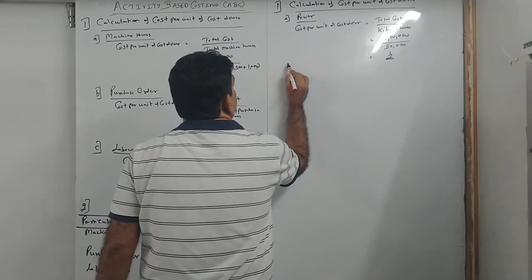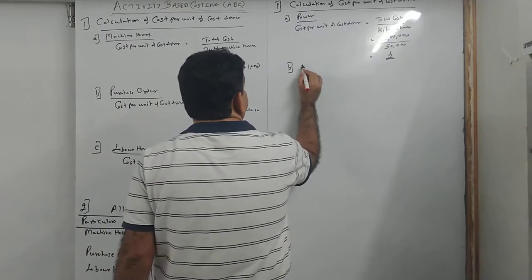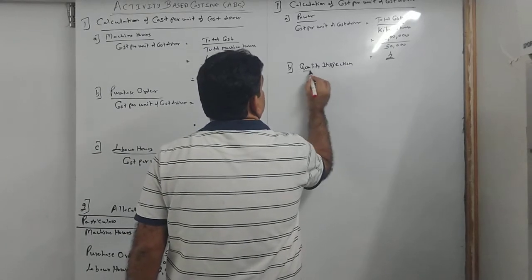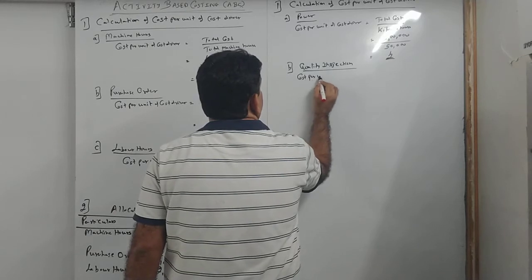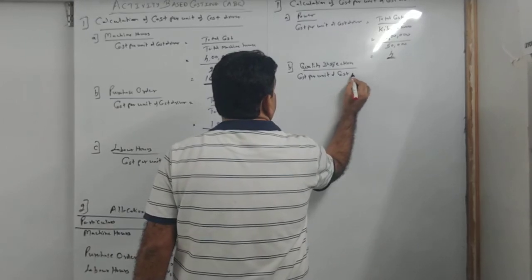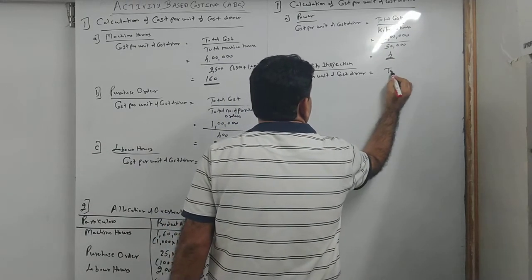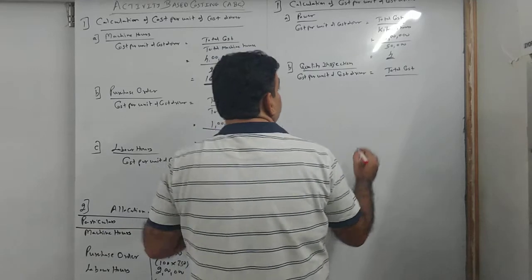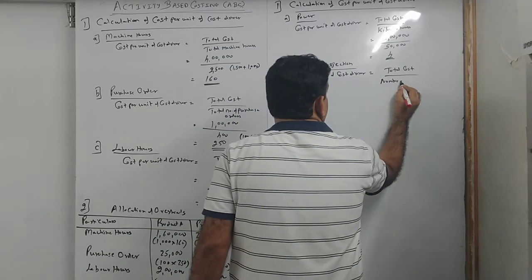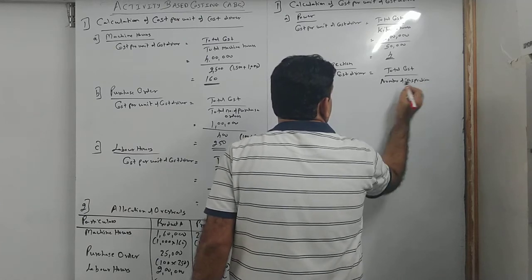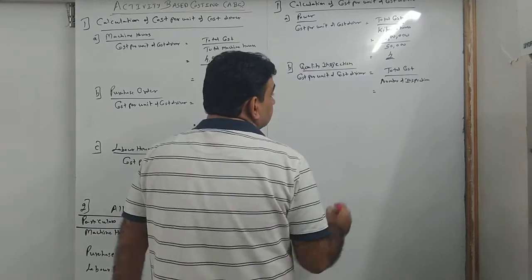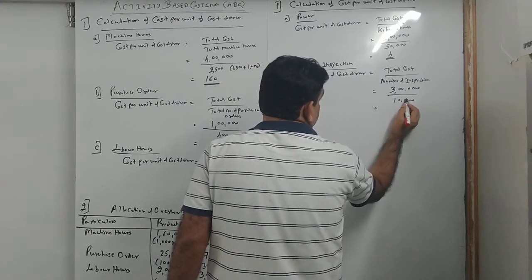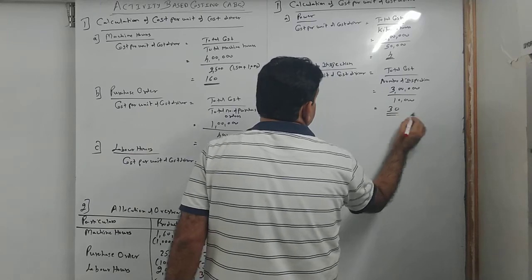ठीक है? Same way. B. Quality inspection. ठीक है। कॉस्ट पर यूनिट of cost driver is equal to total cost upon, now what is the inspection का number of inspections, ठीक है। it is 3 lakh divided by 10,000, ठीक है। So that gives me 30.